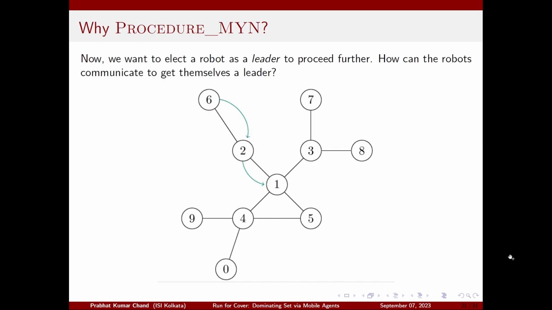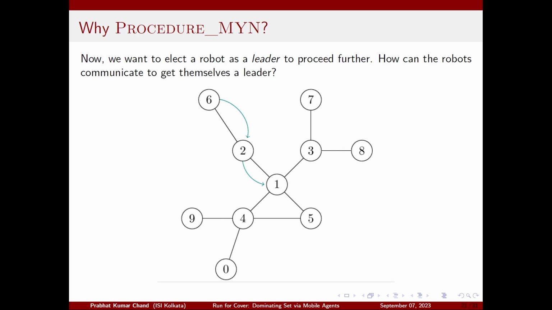Now for stage 2, we want to elect a leader robot. For leader election, the robots must communicate with each other and select a leader. But since we have no movement synchronization, there is a problem.